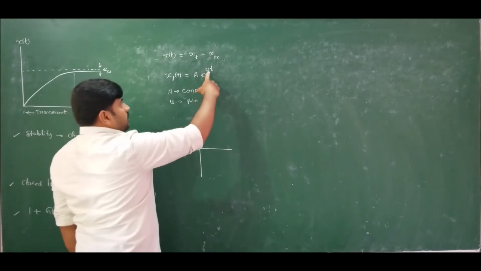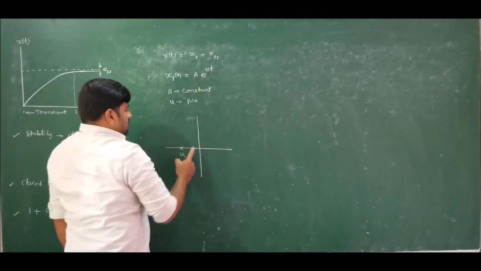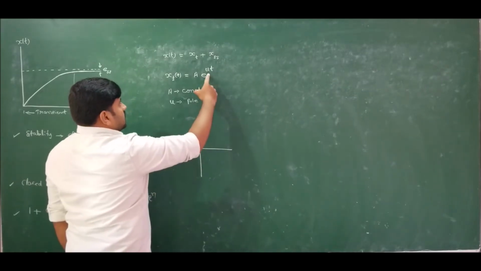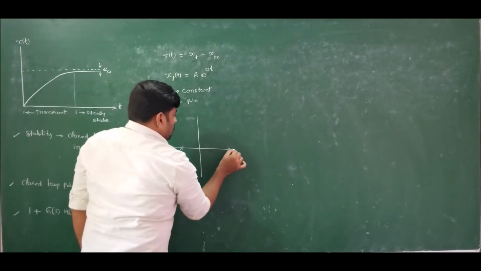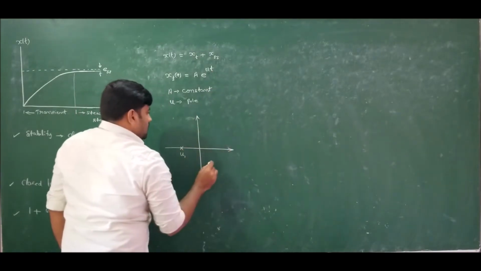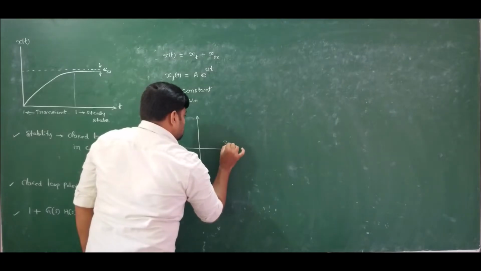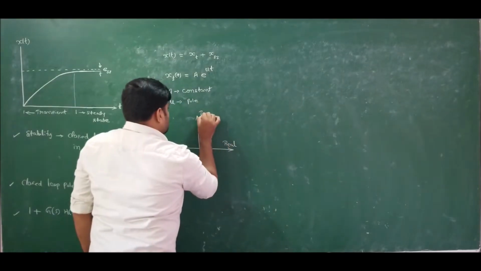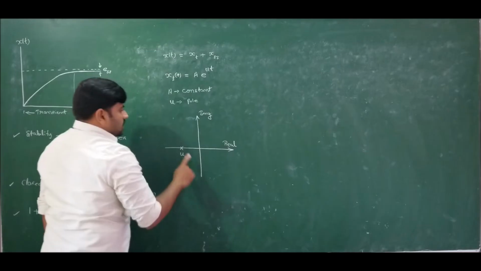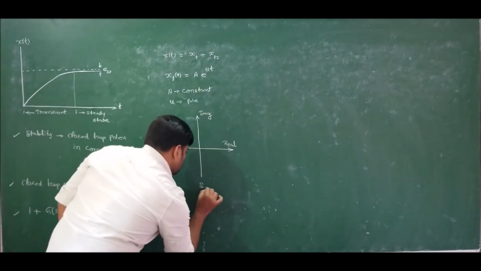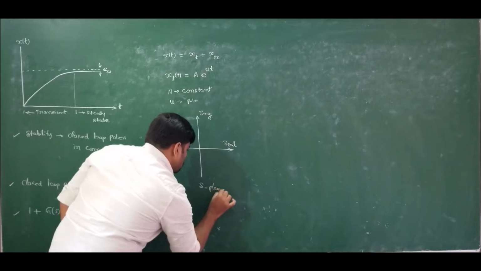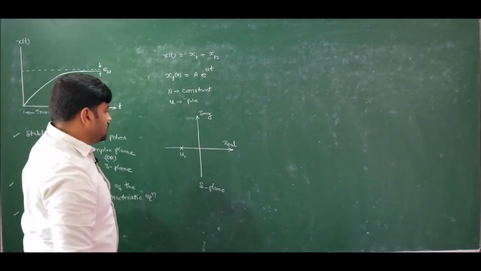If I substitute a negative value here, what happens? As time increases, the transient part will vanish as time tends to infinity. So, this is called the S plane. This is the real axis and this is the imaginary axis. This is nothing but the complex plane or S plane.